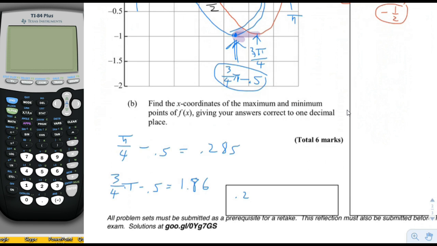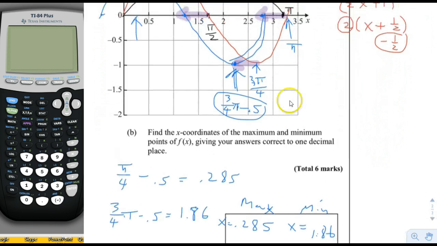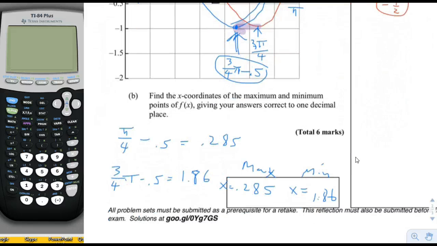So our two x-coordinates are x equals 0.285 for the maximum, and x equals 1.86 for the minimum. By the way, since they asked for the answers to one decimal place, we would put 0.3 and 1.9. Okay, and that's it.